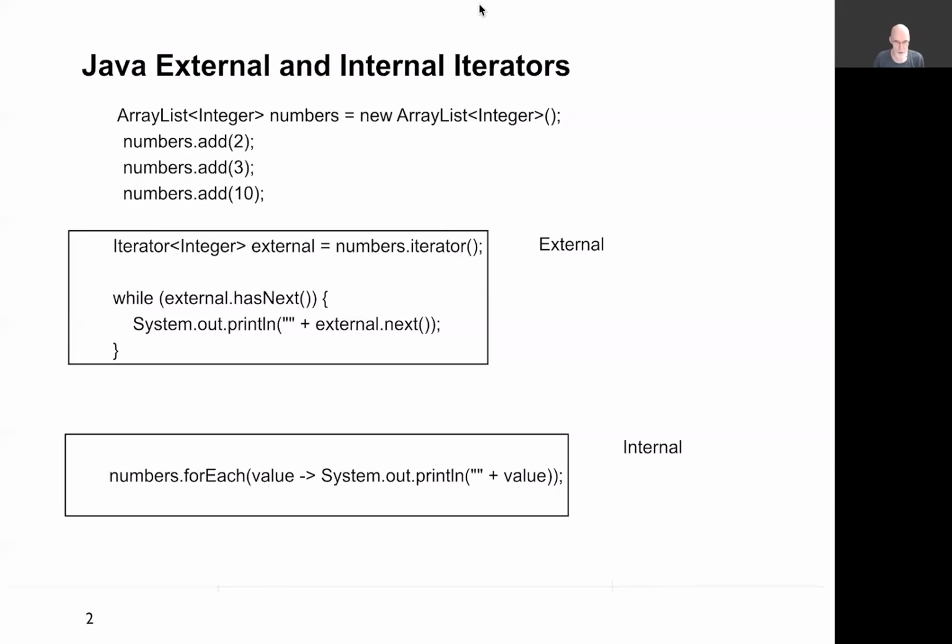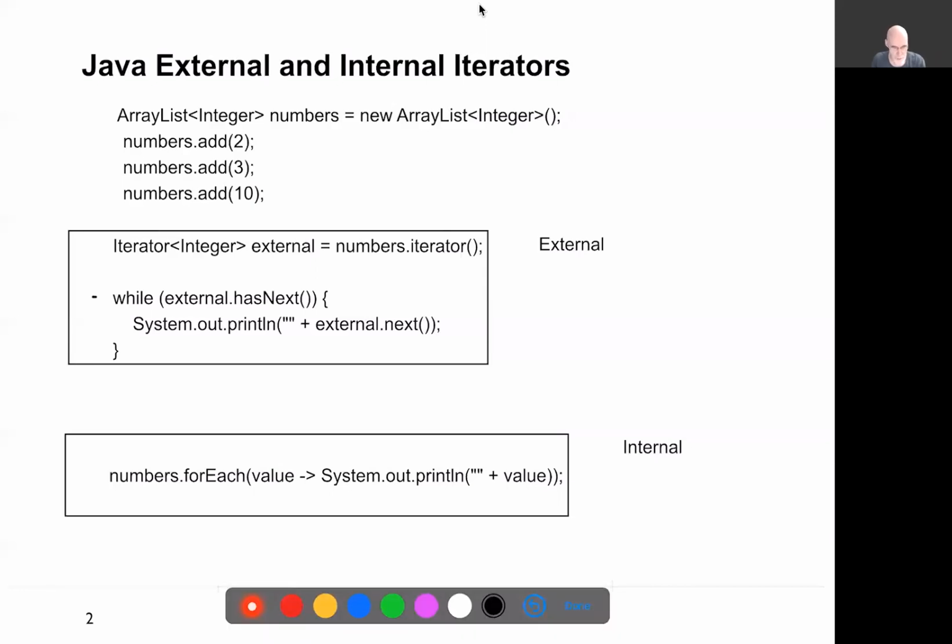We're controlling it right here with this while loop. Whereas the internal iterator, the outside world is just passing in the lambda, and the for each method internally is somehow navigating through the collection. So far, so good.